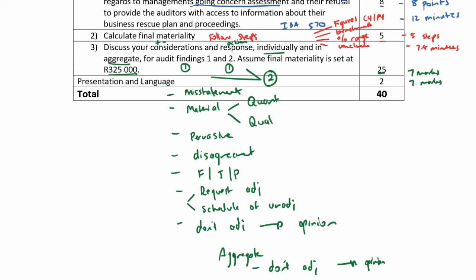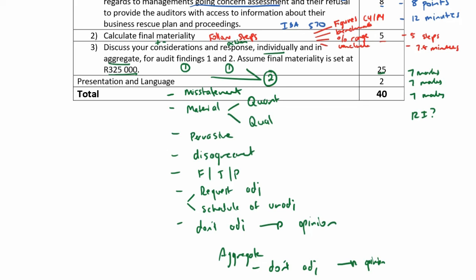What does that add here? Another potential 7 marks. I still haven't quite got to the 25, so there must be something else there. What else could there be? Maybe there's a reportable irregularity. Adding to what my considerations are and my responses.